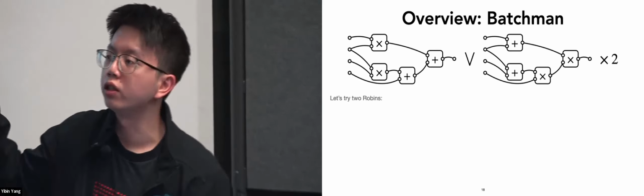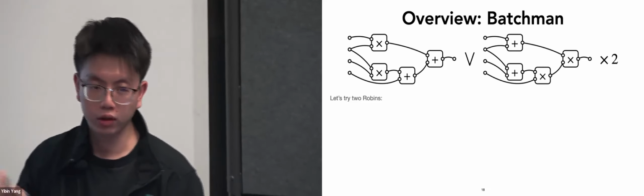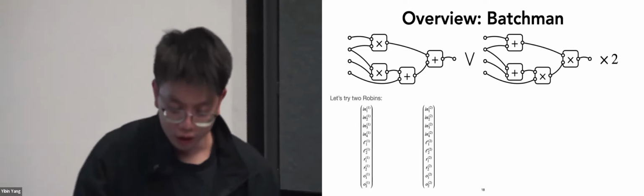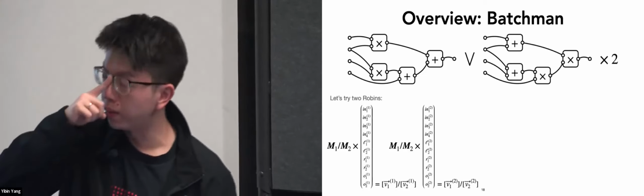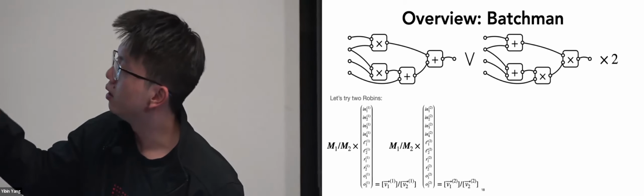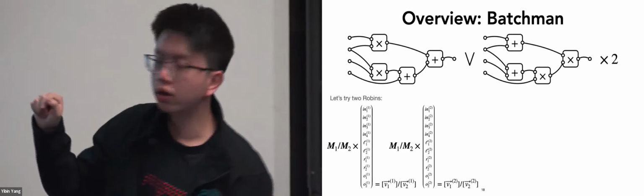Let's see. You will see that the computation is not so good, but let's see why. Here, the prover can commit the vector I mentioned on the first repetition, and also the vector on the second repetition. According to our observations, it suffices for the prover to show the verifier that below these 2 commitments V11 and V21 there's a 0 vector, and below these 2 commitments V12 and V22 there's also a 0 vector.